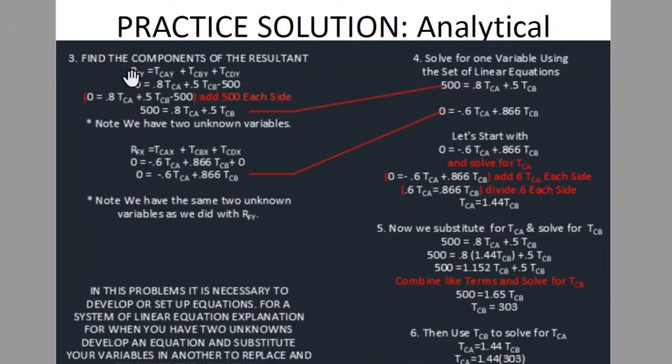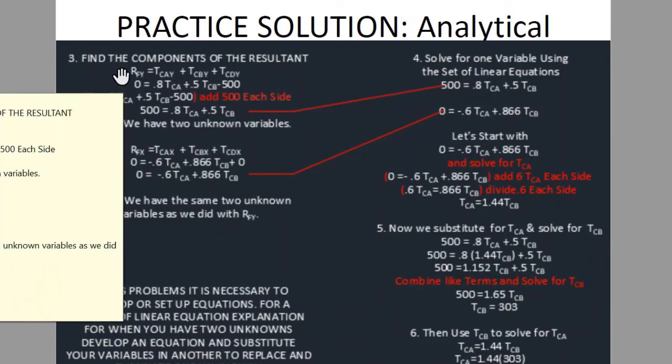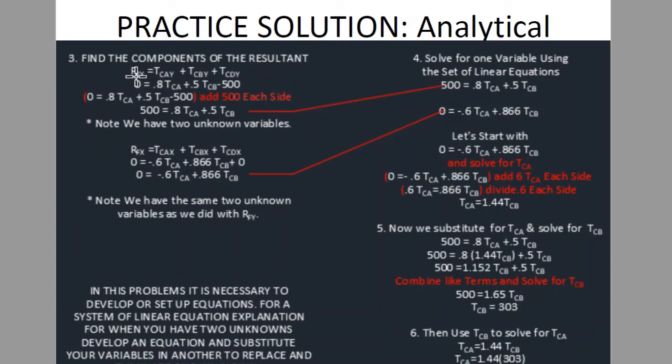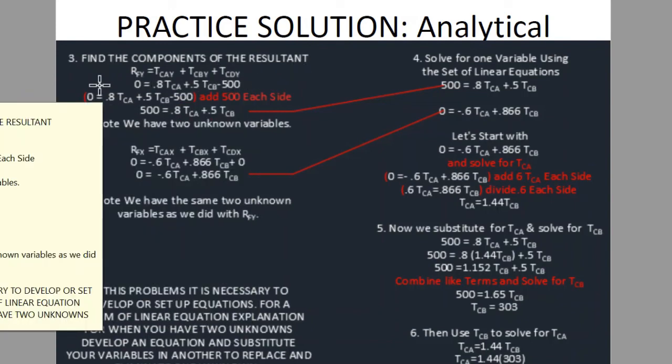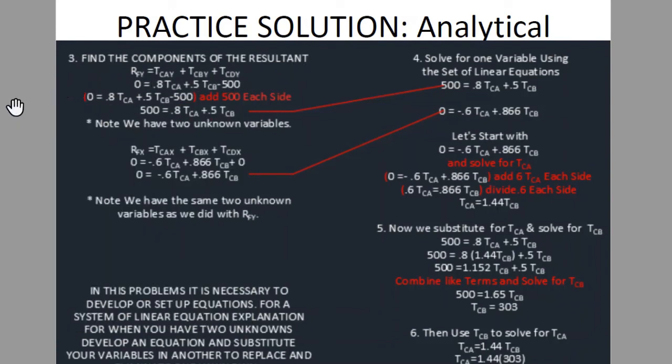All right, so let's see what this all means when we put it together. So first, we find the components of the resultant. We do that again by adding all our y components. So we have RFY is equal to TCAY plus TCBY plus TCDY. We set that equal to 0 because our resultant is equal to 0.